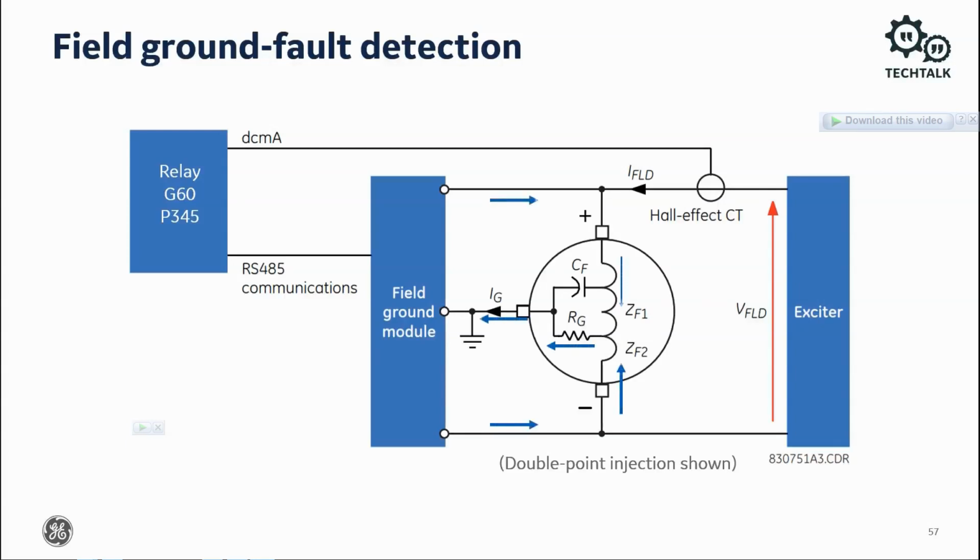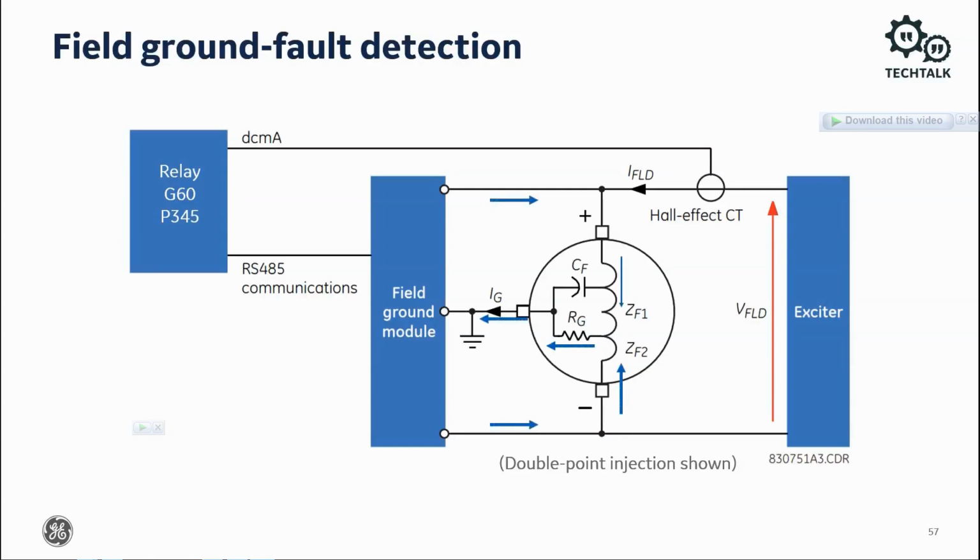The resistance Rg represents a breakdown of the field winding insulation, providing a resistive path to ground through the field grounding brush. The insulation failure can occur anywhere, so the impedances ZF1 and ZF2 are unknown. The fault impedance Rg is also unknown.